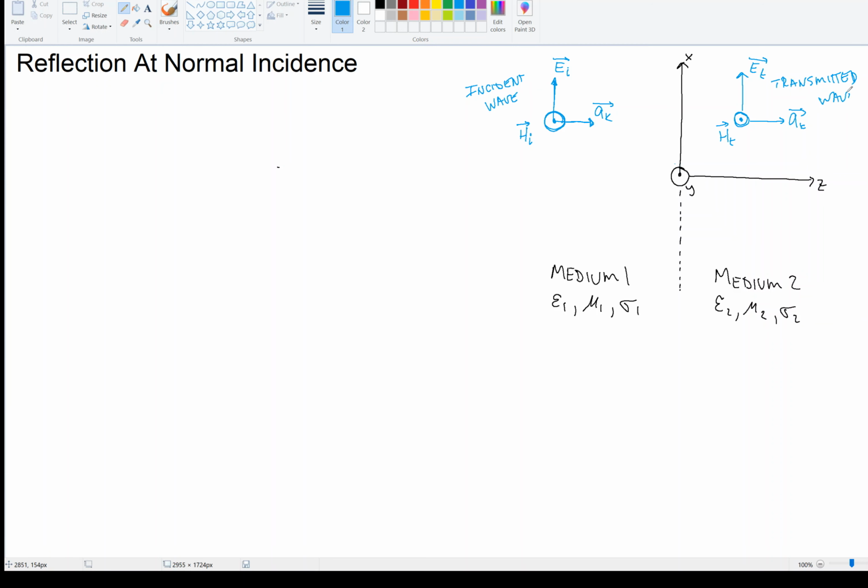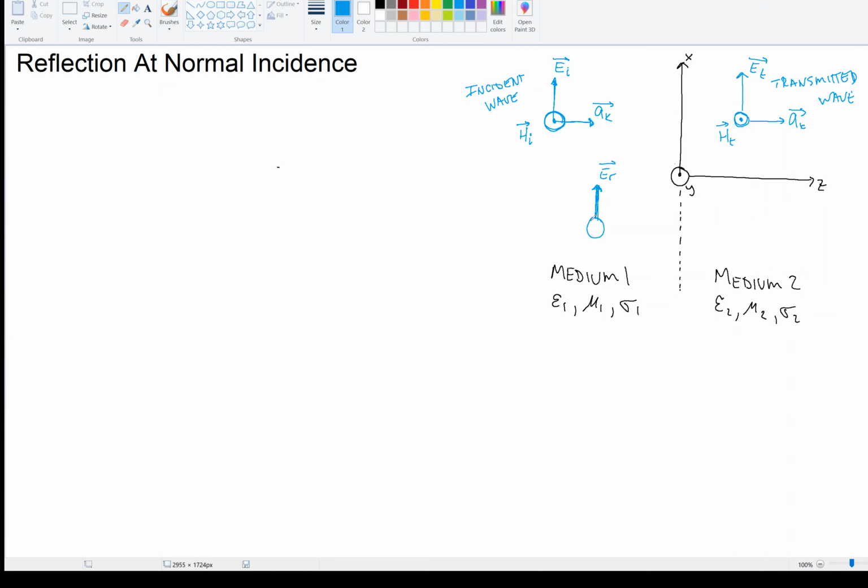And just to give myself some space, I'm going to draw the reflected wave down here. Of course, it doesn't just jump down, but I just wanted some space. And actually, because of boundary conditions, the electric field stays in the same direction, which is something that we talked about earlier in the course, the tangential part.